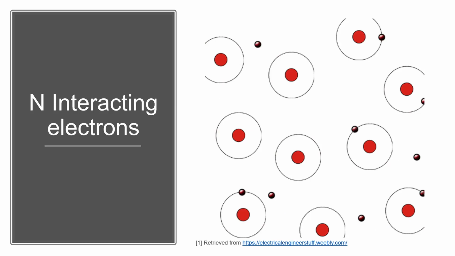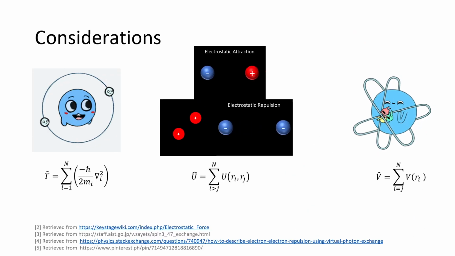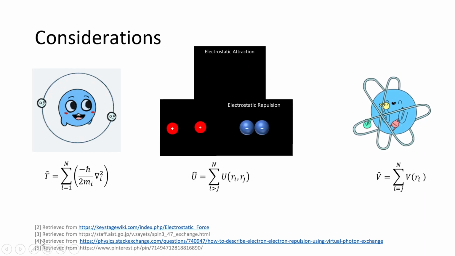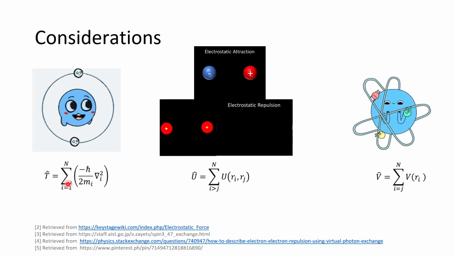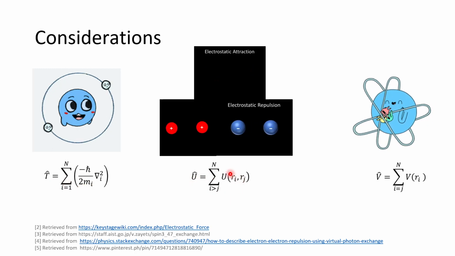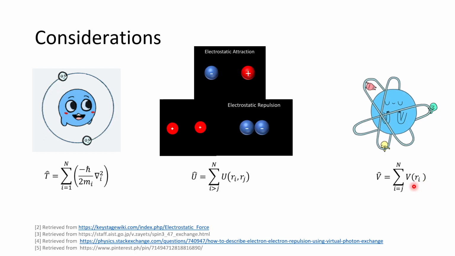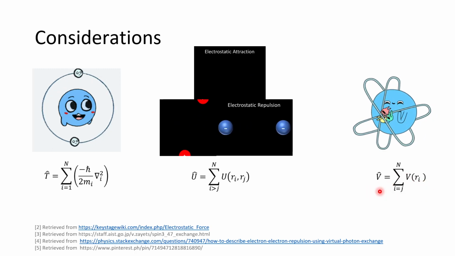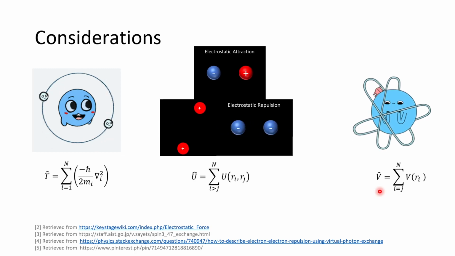So we start by considering N interacting electrons. We have considerations such as the kinetic energy, the electrostatic or Coulombic interactions, and of course the potential due to the interaction between the electron and the nucleus.